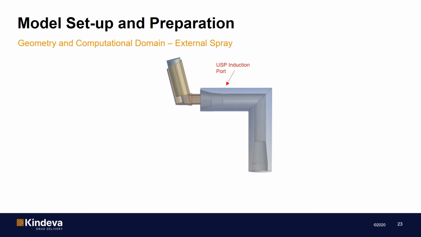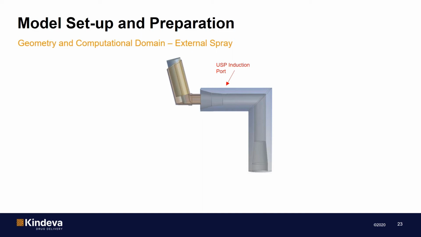Now, the other part of the simulation is basically the external spray modeling, where we also seek to predict the spray characteristics issued outside of the pMDI. Now, the CFD domain for this part of the modeling is basically a typical pMDI that is injected into the USP induction port. And again, in this simulation, the walls are assumed to be smooth and adiabatic.